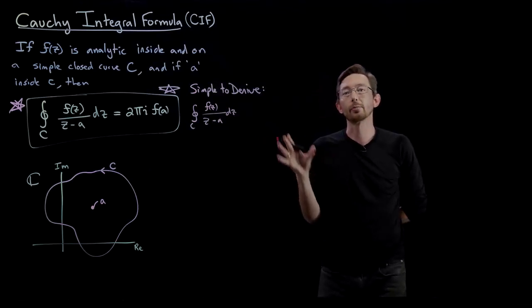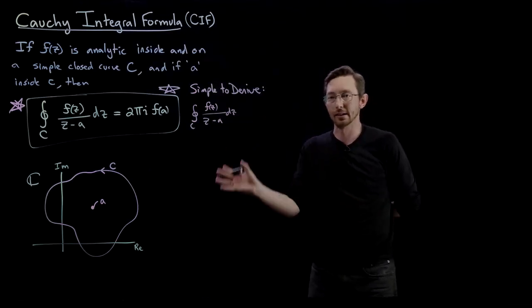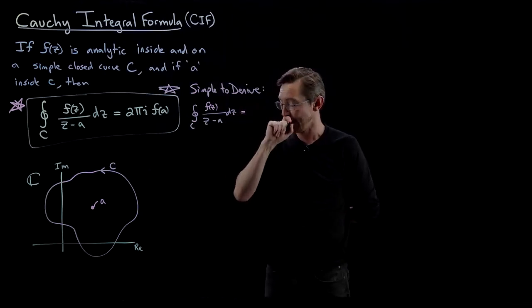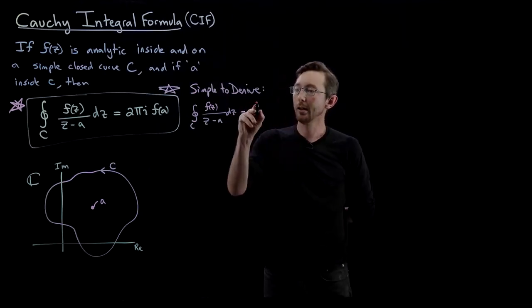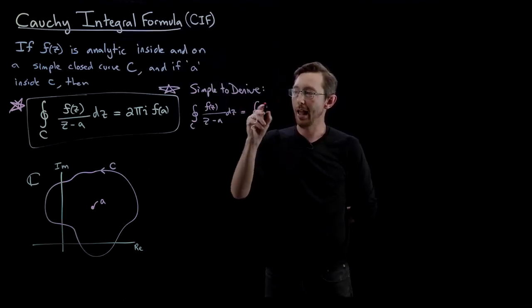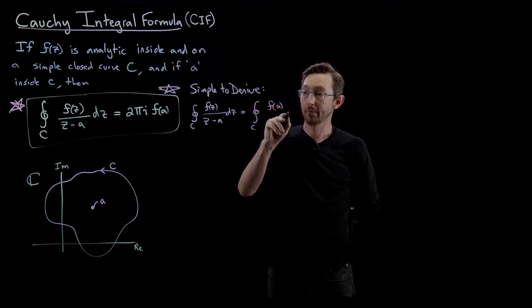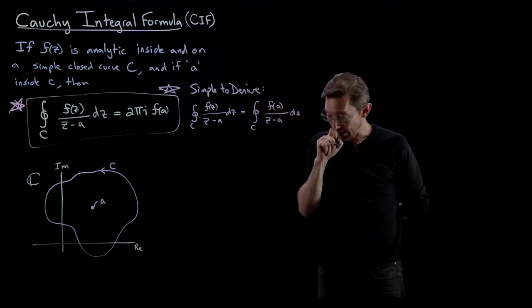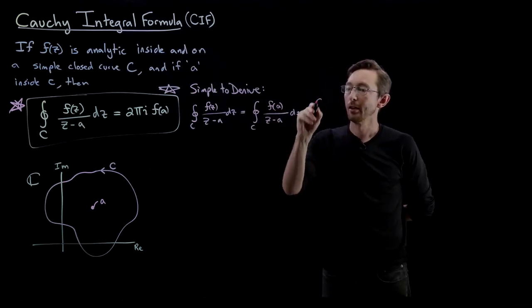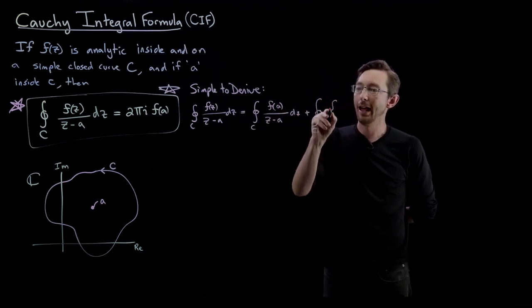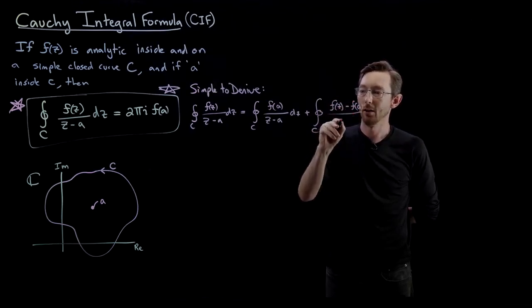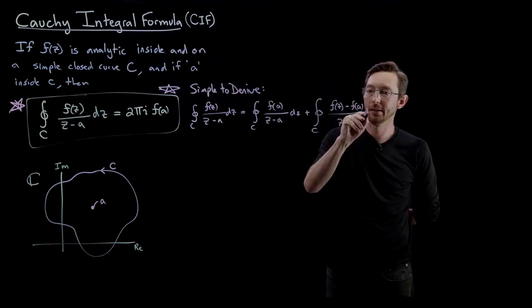And what we're going to do is break this up into two integrals in kind of a cutesy way. So we're going to say that this equals the integral of f of a over z minus a dz plus the integral of f of z minus f of a over z minus a dz.